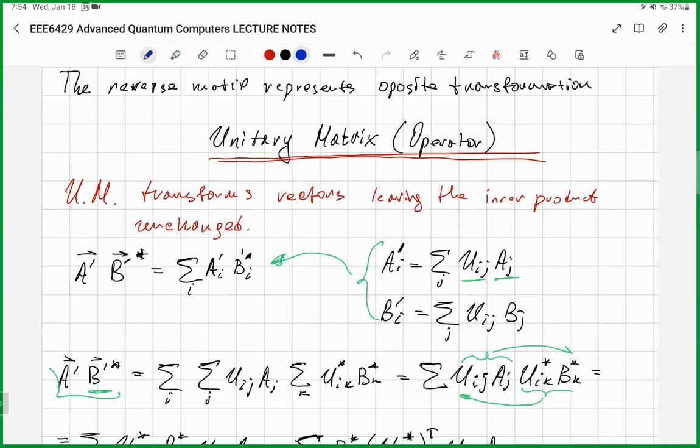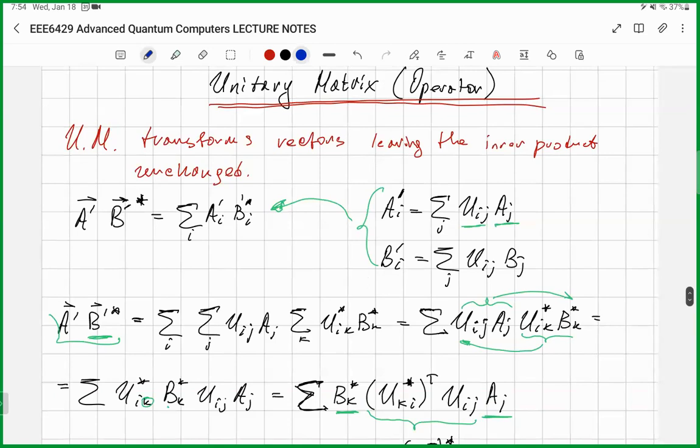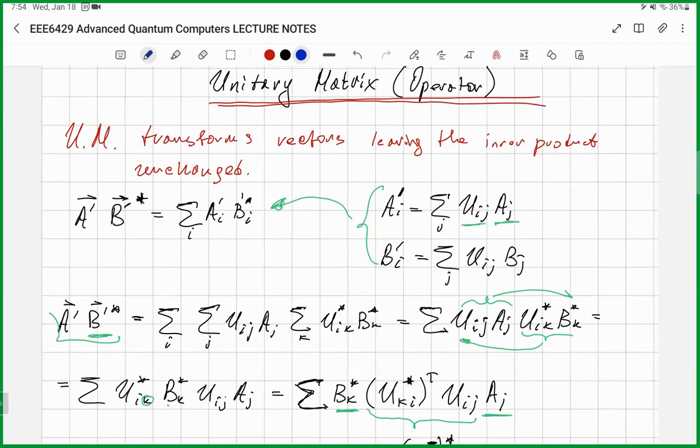simply because a unitary matrix is a rotation of a vector or rotation of the basis without deformation of the space, without deformation of the vector. So it's just rotation, and just rotation keeps the length of a vector and the scalar product of two vectors unchanged.